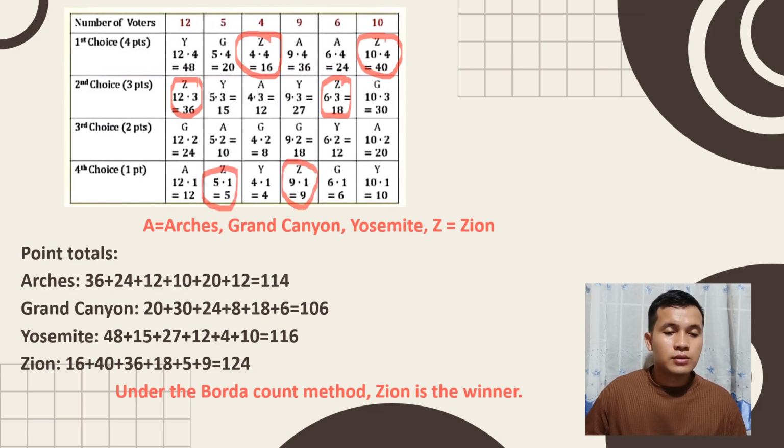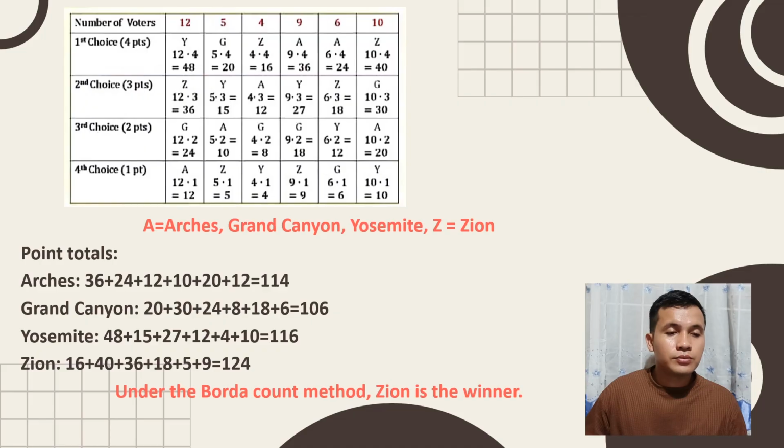So to get the total points of Zion, we have 16 plus 40 plus 36 plus 18 plus 5 plus 9 equals 124. So here we have a total of 124 points for the Zion.